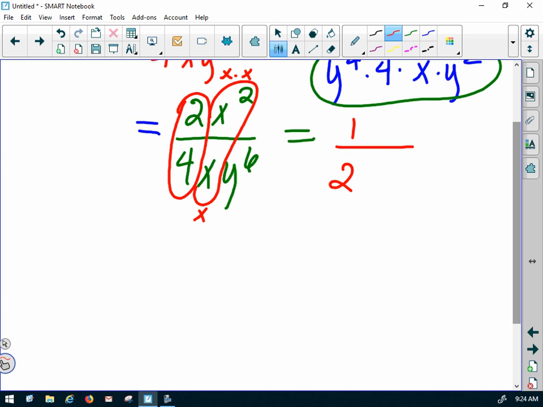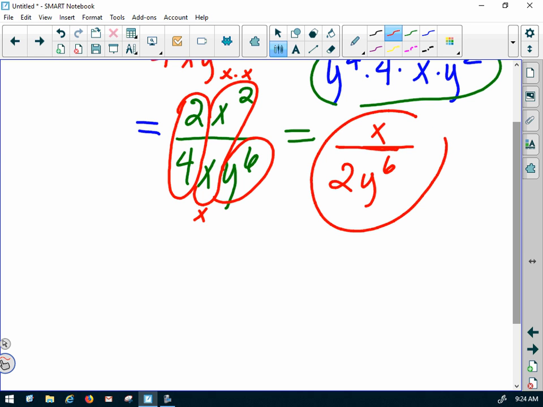There's only one x left, and it is in the top. Over 2y to the sixth. I don't need that 1 because I did have something else in the numerator. So x over 2y to the sixth.